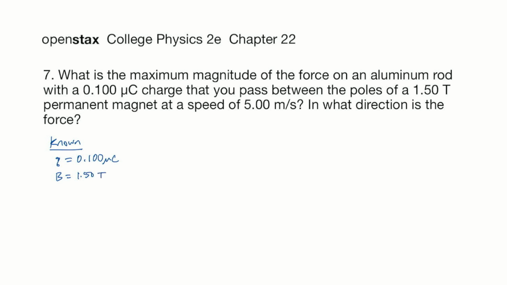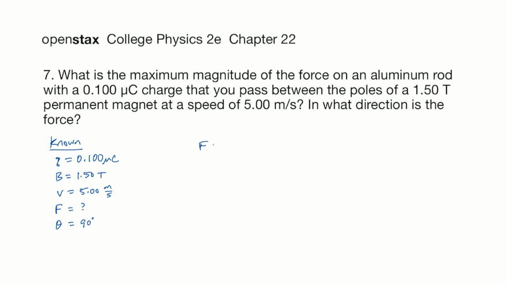We know the speed is 5.00 meters per second. We are looking for maximum force, so that means the angle between the velocity and the magnetic field is 90 degrees.